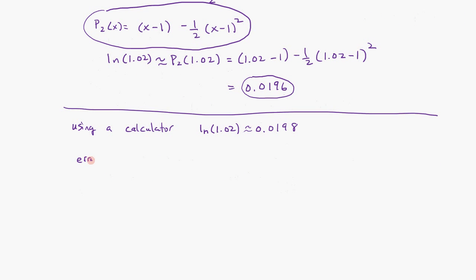So the error of the linear approximation will be 0.02 minus 0.0198, which is just off by 0.0002. So just 2/10,000ths off.